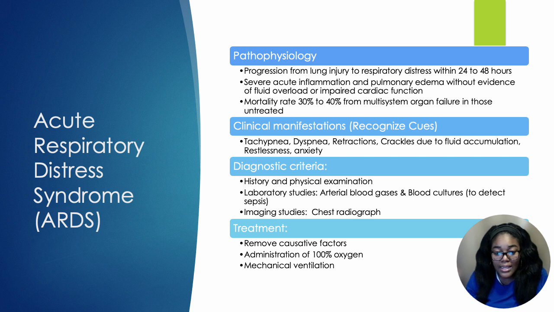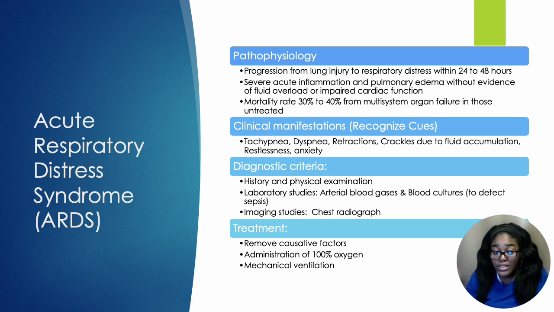So you may not necessarily have time to get a full assessment in, but if you see that an individual is exhibiting those clinical manifestations, especially the shortness of breath, retractions, anxiety, and restlessness, it could be a sign of impending doom with the individual. So you want to make sure they get their airway protected as soon as possible.